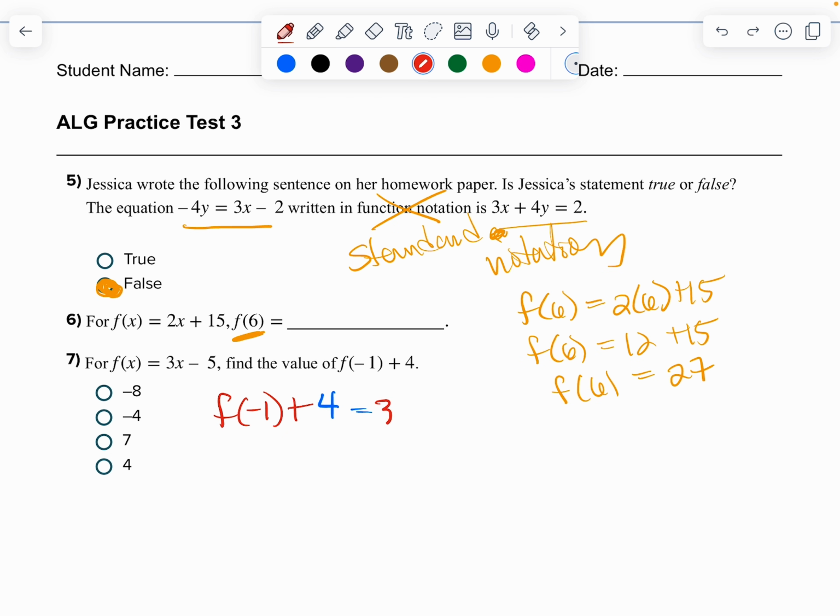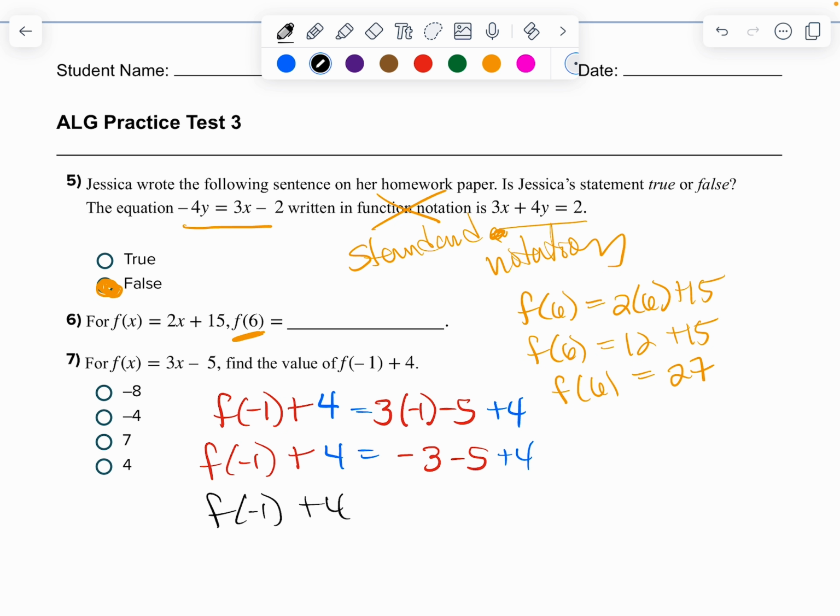I meant to write 3 times negative 1 minus 5, and make sure you put the plus 4 on there. So f of negative 1 plus 4 equals negative 3 minus 5, and we're going to add that 4 on there. So f of negative 1 plus 4 equals negative 8 plus 4, which is negative 4.